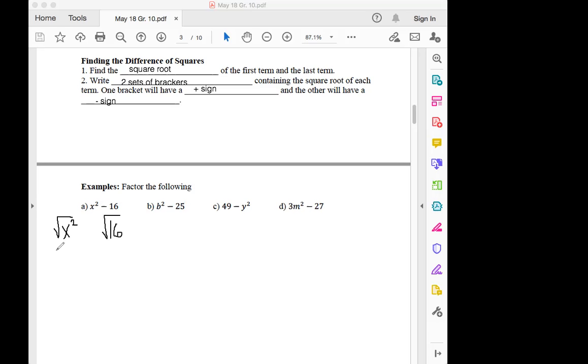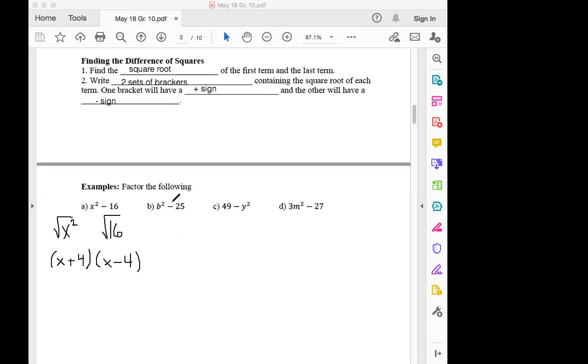First things first, the square root of x squared is just x. Then the square root of 16 is 4. So we're going to write 4 at the end of both brackets. And like it says, one bracket will have a plus sign, the next will have a minus sign, and that's it. Easy as pie.